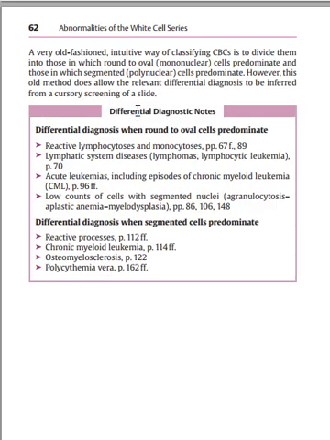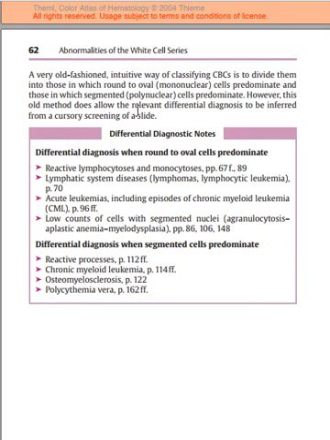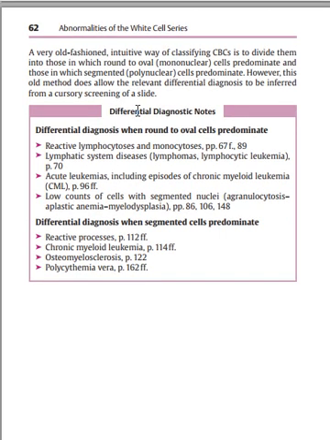So the first thing is this. You need to know that there are different differential diagnoses of abnormalities in white blood cells. The diseases of white blood cells can be divided into those with round to oval cells predominating.